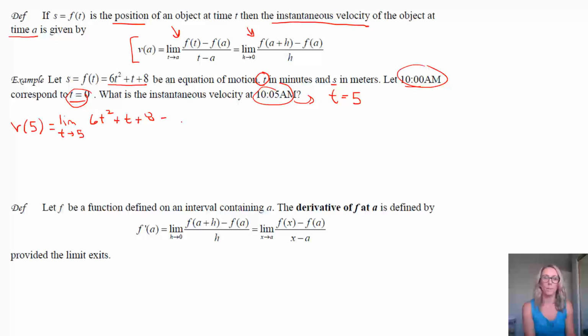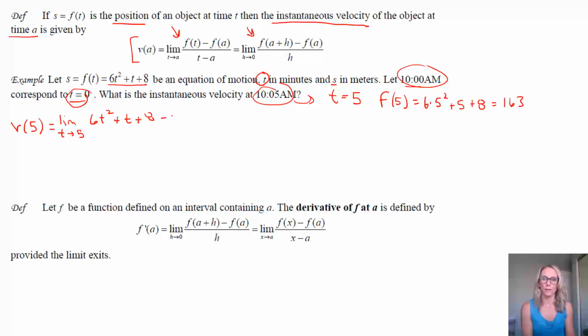So now it's saying what would happen if we plugged in 5. So f of 5 is going to be 6 times 5 squared plus 5 plus 8. We evaluate that. That's just a value that we need. If you do that, it's pretty big, as you can imagine. It's actually 163.